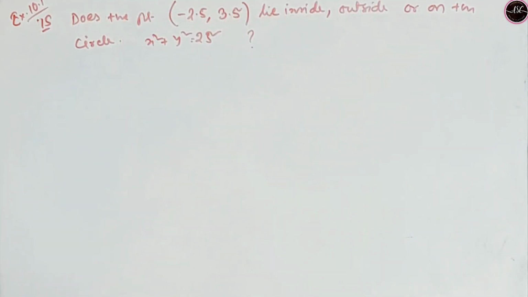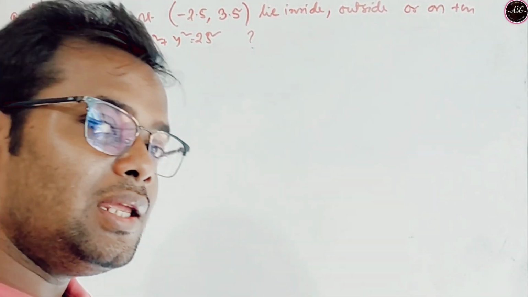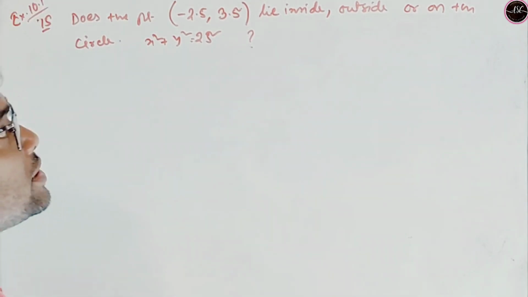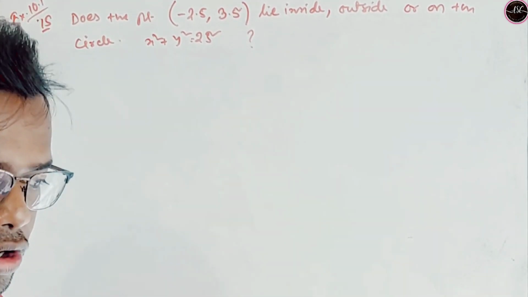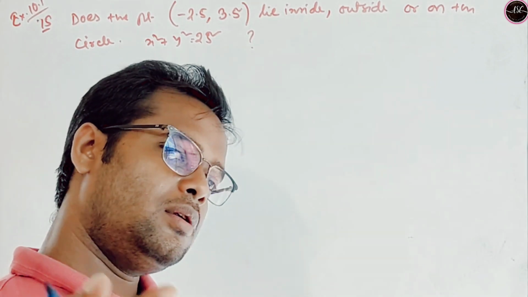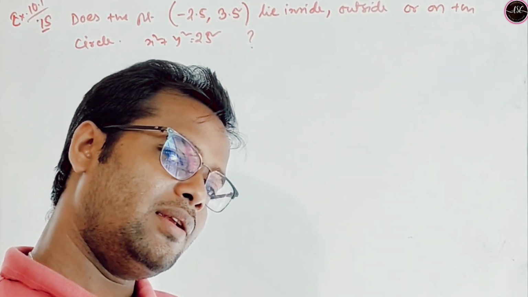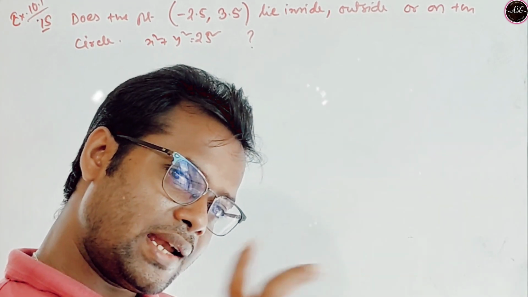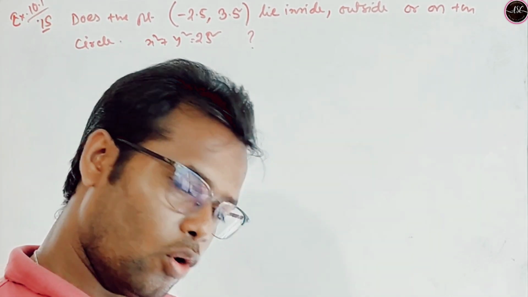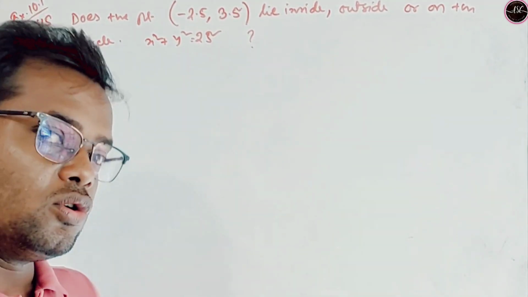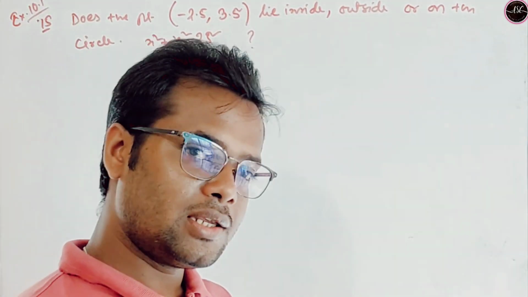Okay, just look at this question. Does the point (-2.5, 3.5) lie inside, outside, or on the circle x² + y² = 25? If a point is on the circle, the distance between the center and the point will be the radius. If this point satisfies the equation, we can say it lies on the circle.